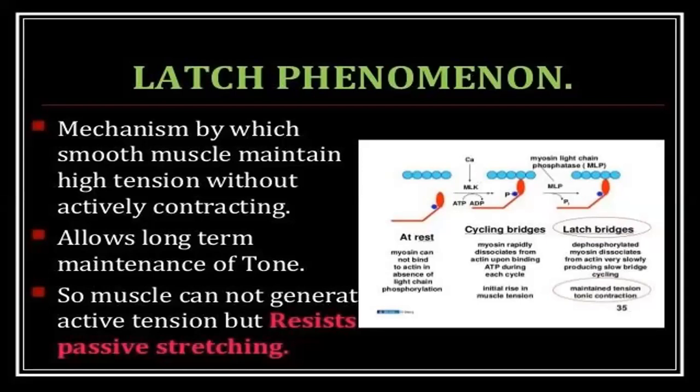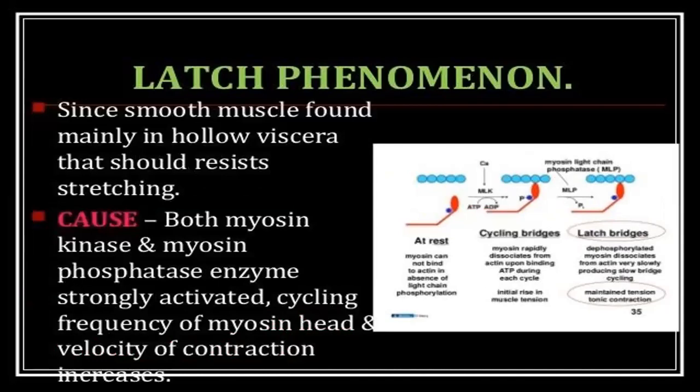Unitary smooth muscles usually have a dual nerve supply from the two divisions of the autonomic nervous system, that is the parasympathetic and the sympathetic nervous system. Stimulation of one division increases smooth muscle activity while the other decreases. In some organs, noradrenergic stimulation increases and cholinergic stimulation decreases smooth muscle activity, while the reverse occurs in other organs.